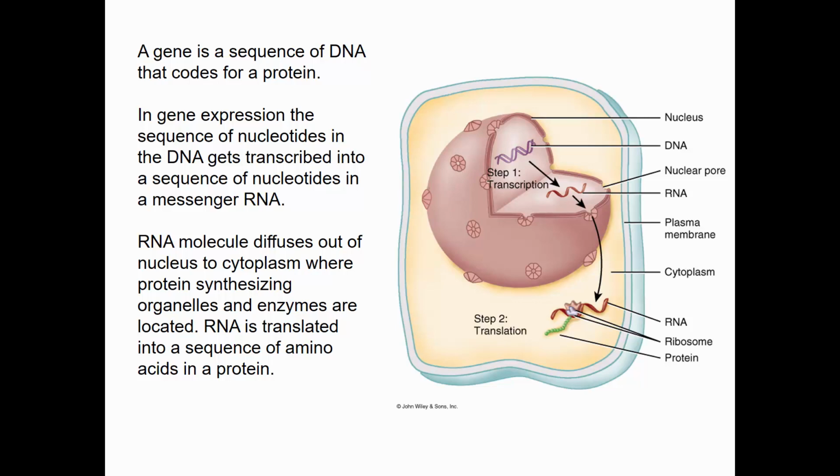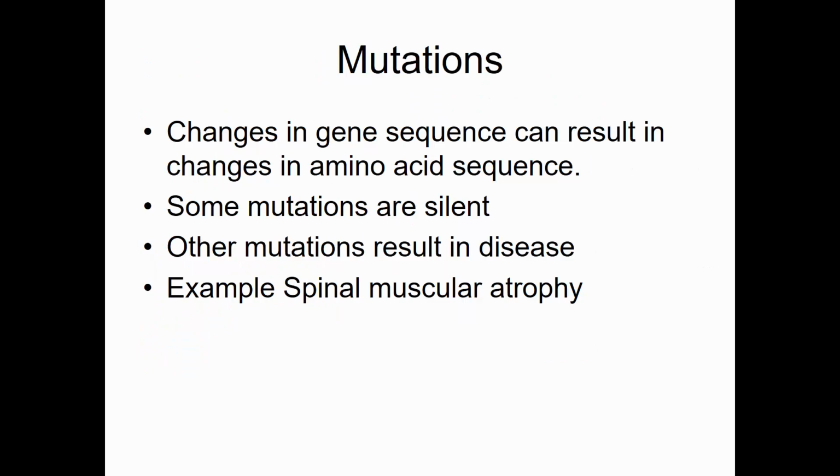Now we're not done yet. You still have to fold up that protein and modify it in order for that protein to work. So when you have a mistake or a change in the gene sequence, remember, if you've learned from your previous classes, that there's something called a codon. There are 3 base pairs that get translated by a transfer RNA and an amino acid.